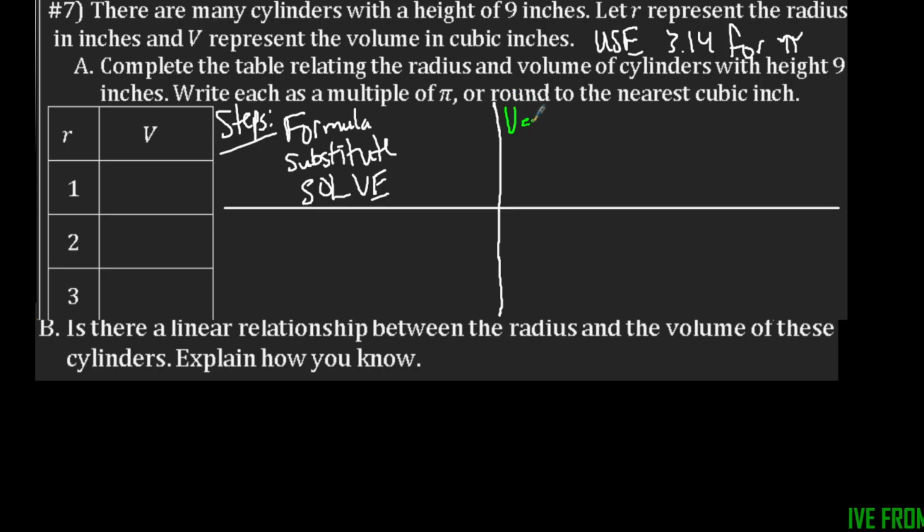So I have V equals pi times the radius squared times h, which means volume equals 3.14 times our radius, which is 1, so we have 1 squared, times our height, which is 9. So make sure for each of these, you say our height is going to be 9 inches.